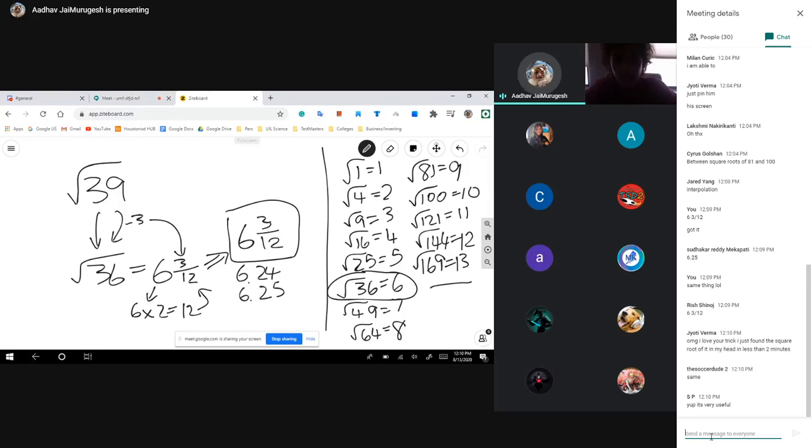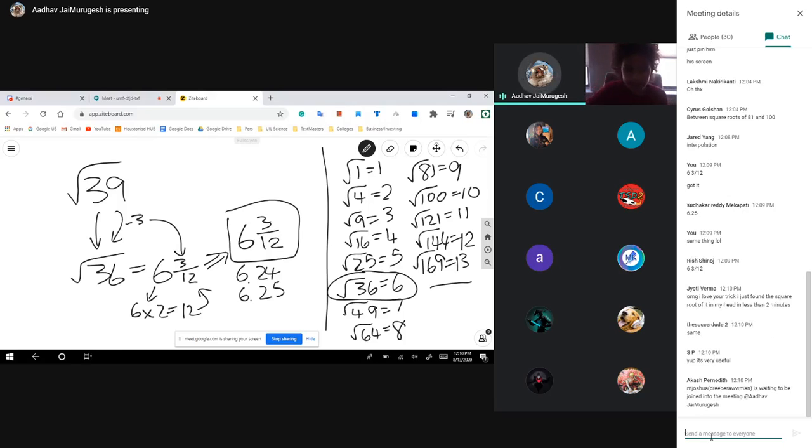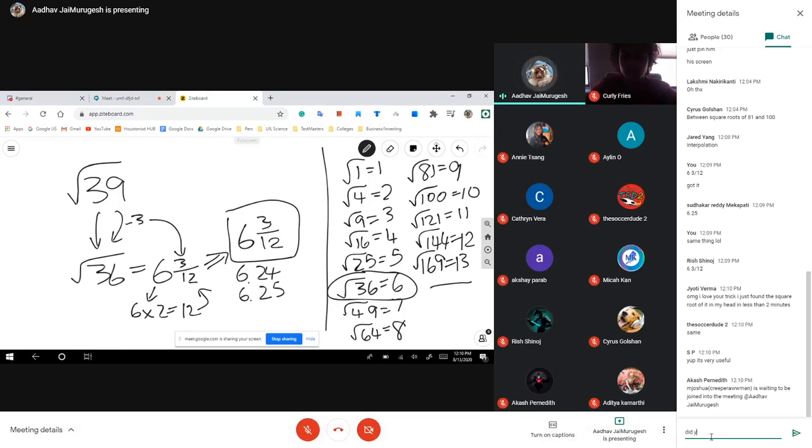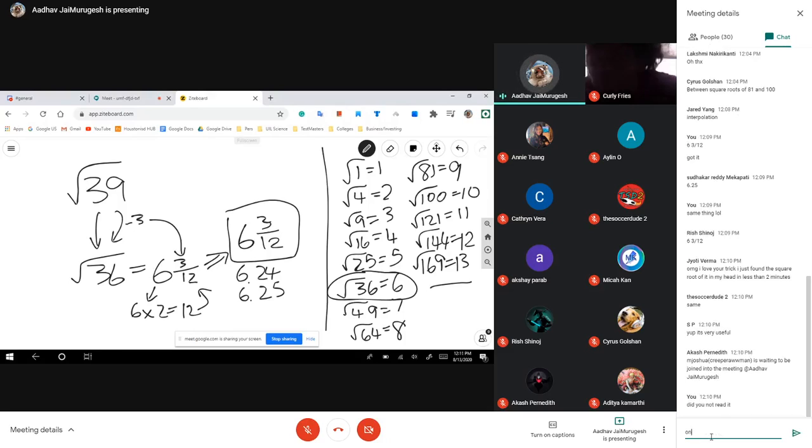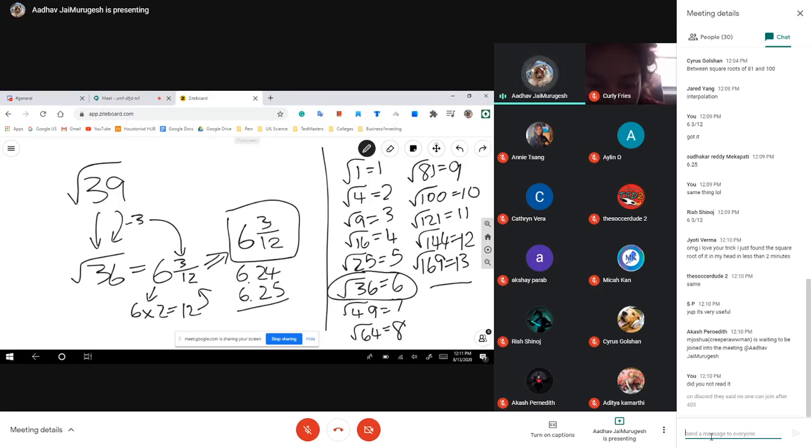For competitions, you don't really need to find the perfect answer. You just need a close estimate, and you can use process of elimination if it does ask for the most exact answer. You'll get 6.25, and if you see an answer choice of 6.24, then obviously you'll say, okay, that's pretty close.